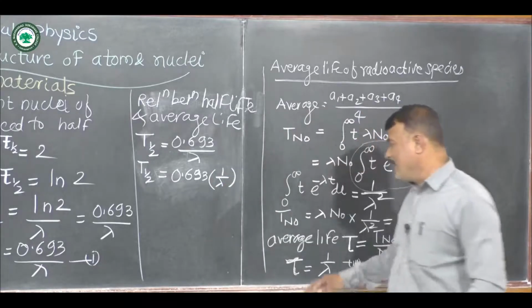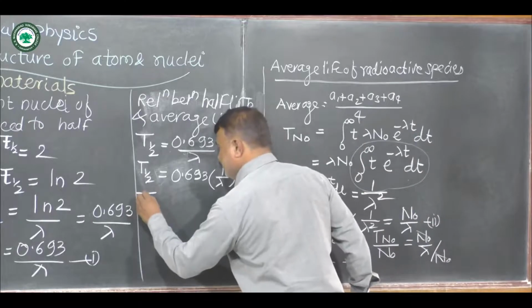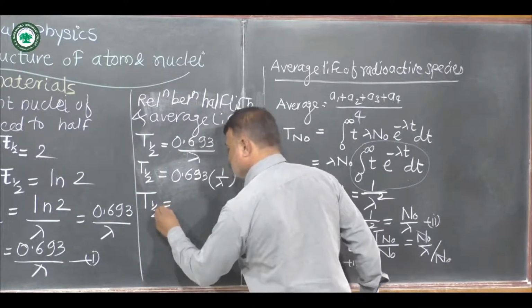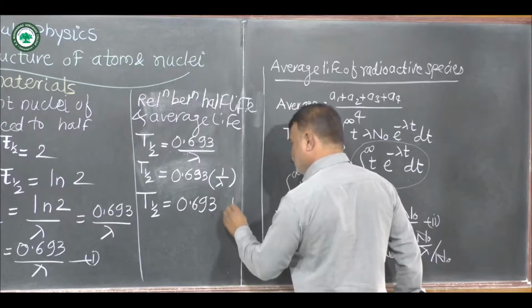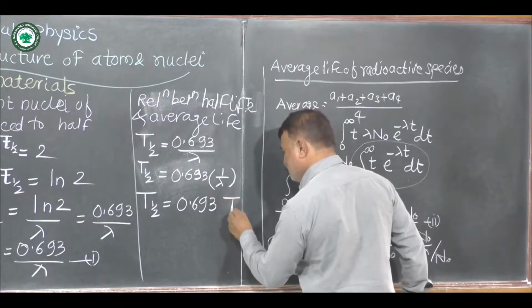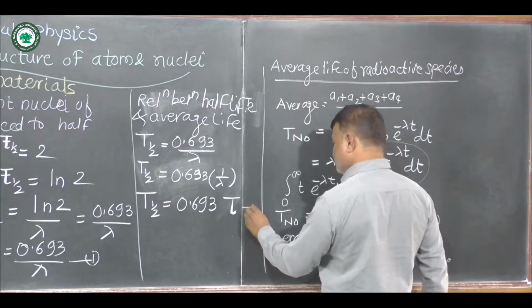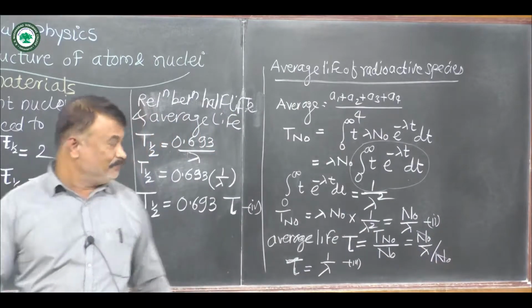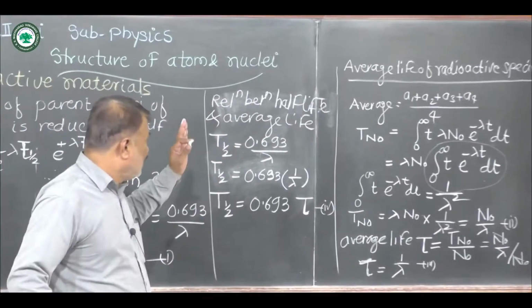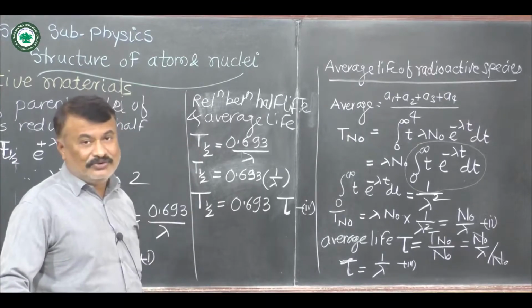But this 1 by lambda is equal to the average life. So we write T half is equal to 0.693 into tau, where tau is the average life. This is equation 4. This equation 4 gives us a relation between half life and average life of a radioactive species.